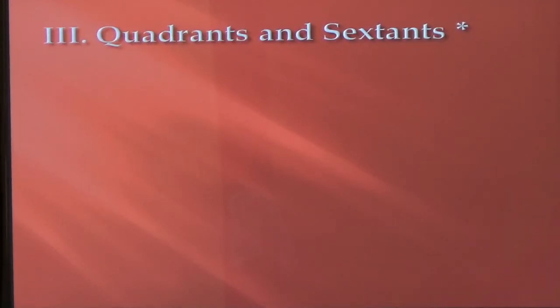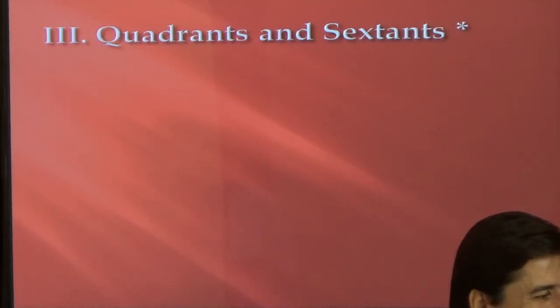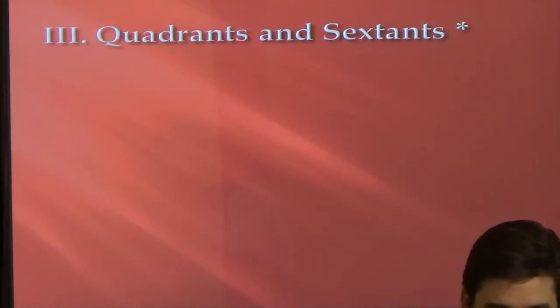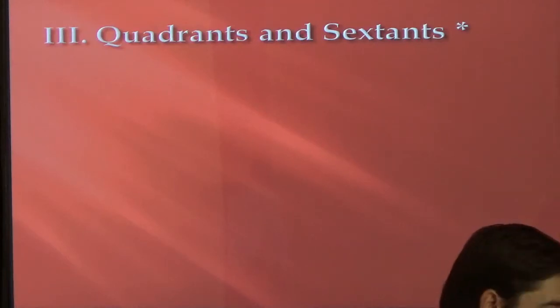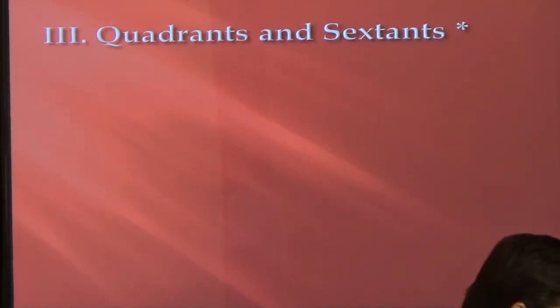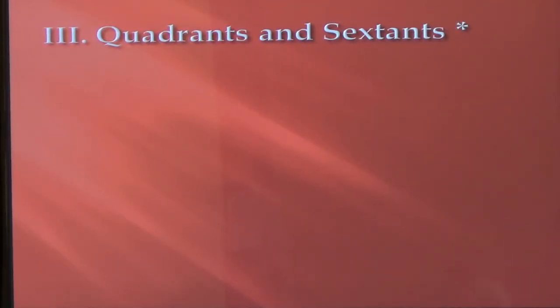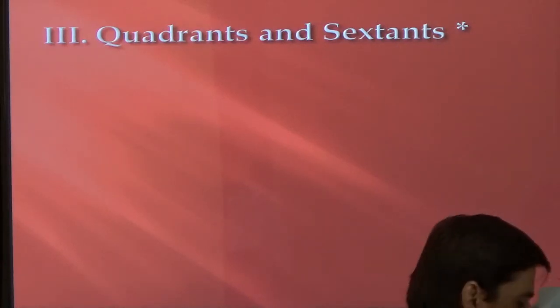If I'm telling you there are 4 quadrants, how many quadrants are there? 4. Is this a trick question? Right. So quadrants means the mouth is separated into 4, 4 quarters.